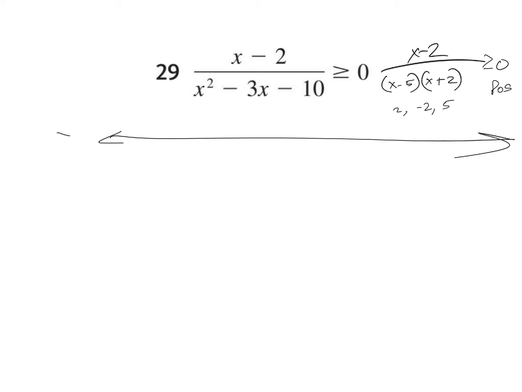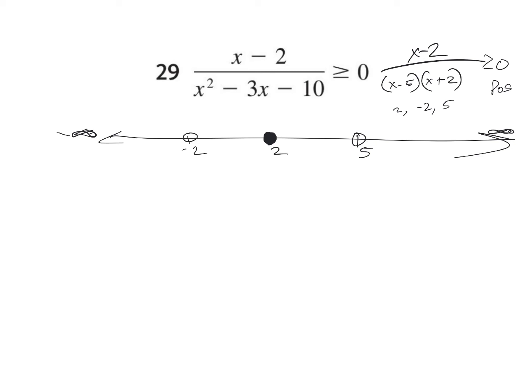So on our number line, negative infinity to positive infinity, we have negative 2, positive 2, and 5. So again, a positive 2 is going to be included. That'll make it 0 on the top, and open dots on the negative 2 and the 5.